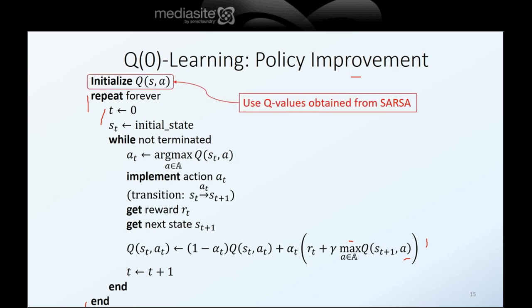And a good way to do problems is to use Q values that have been obtained from Sarsa before we do the Q learning. Otherwise, it's the exploration exploitation issue. Q learning is purely exploitative. It's only picking the action that's found to be the best.